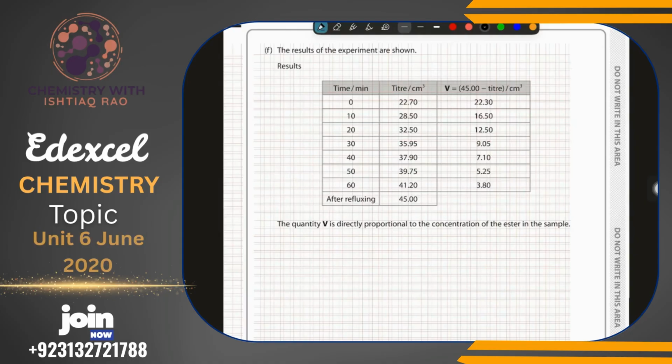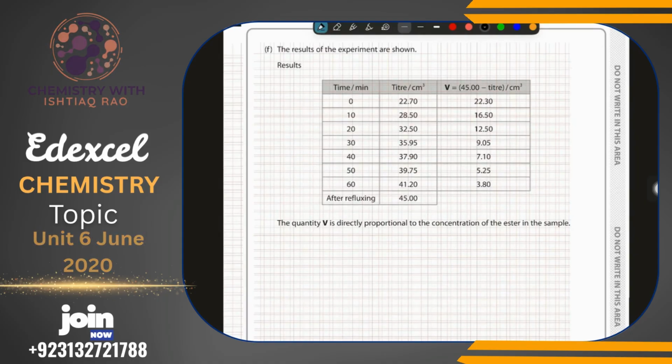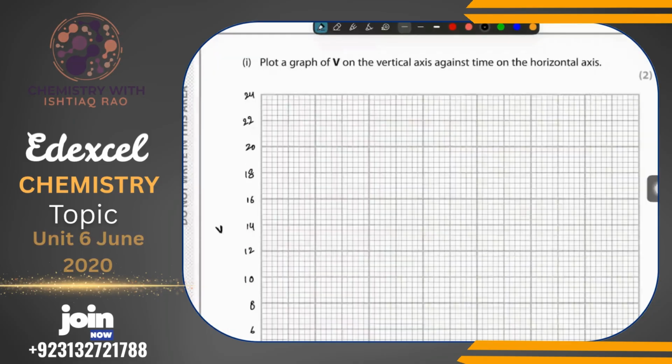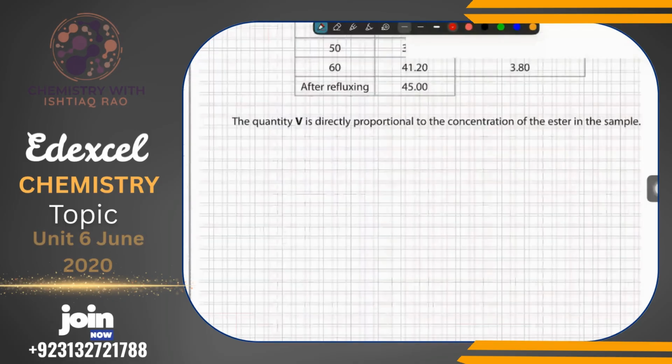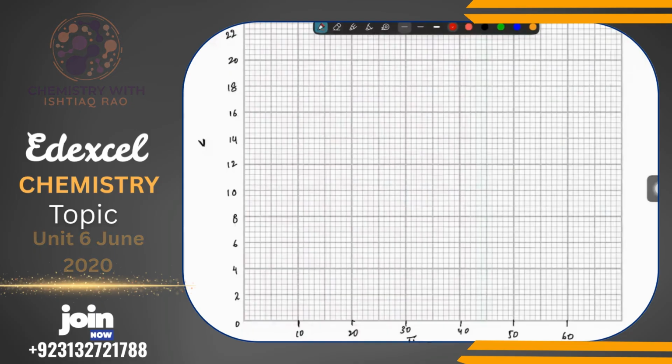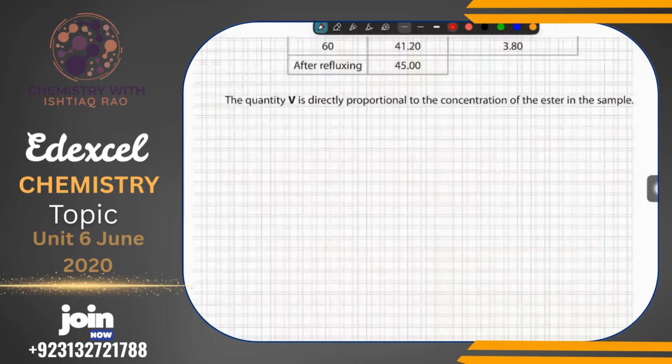Then 10 is 16.5. Then 20 is 12.5, and 30 is 9.05.